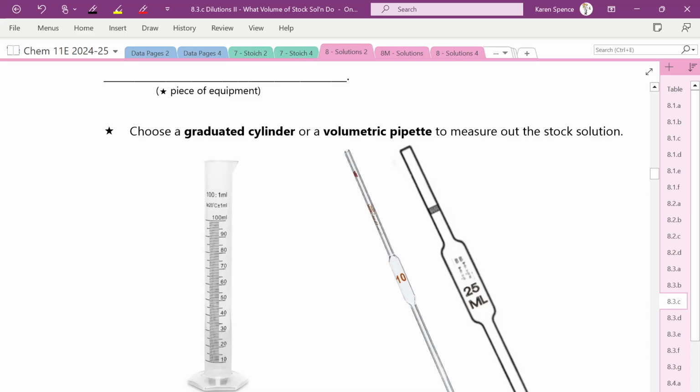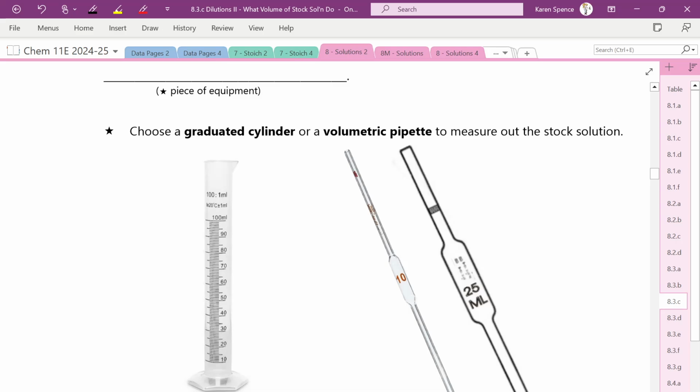If you have a nice number like 25 or 10, like the ones we used for the titration, then a volumetric pipette is great because you can get a really precise measurement. But sometimes our volumes are just really big. In that case, it would be much better to use a graduated cylinder.